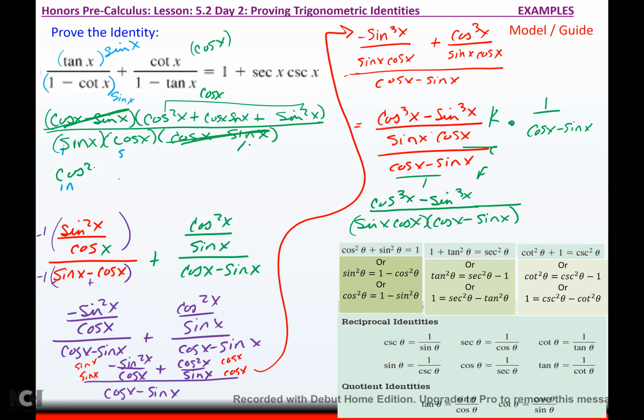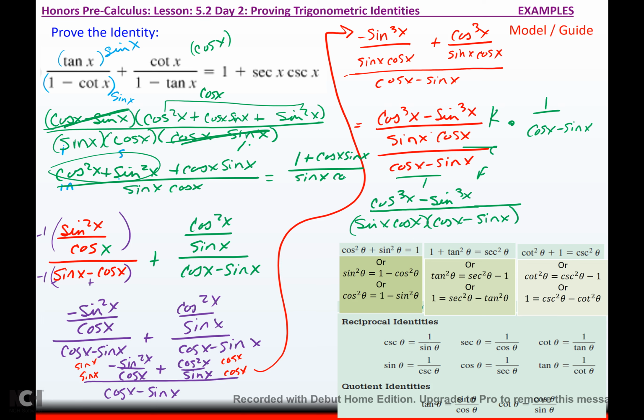So I have cosine squared x plus sine squared x plus cosine x times sine x all over sine x times cosine x. This is 1, so that's going to be 1 plus cosine x times sine x over sine x times cosine x.